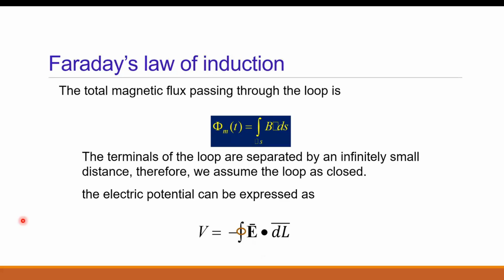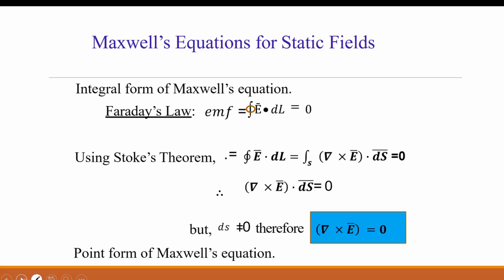Now the actual part of Maxwell's equation comes. The first equation of Maxwell's equations is derived from Faraday's law. And what is it? It states that for the EMF induced in the secondary side, if you take the closed integration of this EMF, it is equal to 0.